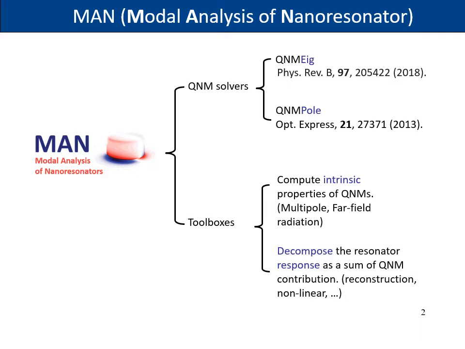The second kind is used for analyzing various resonators with a superposition of their quasi-normal modes, providing a transparent interpretation of the physics of these resonators. These toolboxes include, for example, a reconstruction of the scattered field, the extinction and absorption cross-sections, and the Purcell factors as a sum of quasi-normal modes.